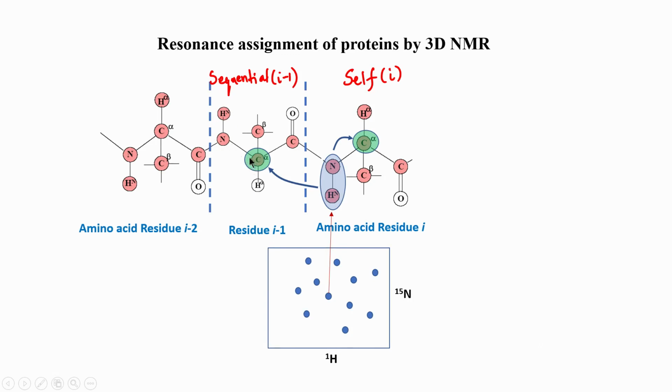So, this C alpha is now shared between this and this, because for this particular case it is I, and for this particular case it is I minus 1. They share this C alpha between I and I minus 1, so I have a common connectivity here. Once I find this NH, it could be some peak here, which need not be nearby; it can be anywhere.